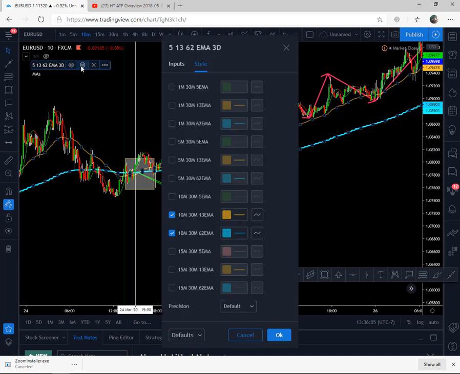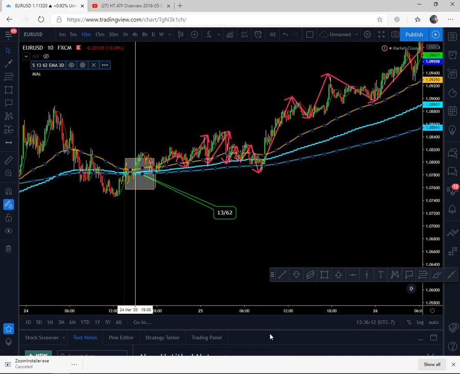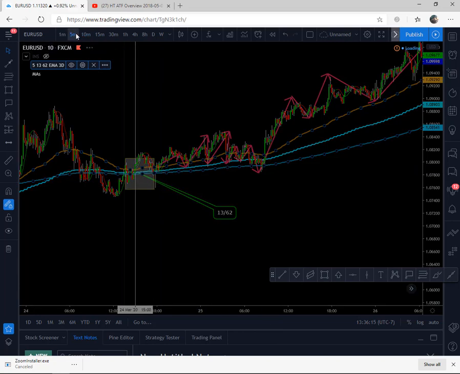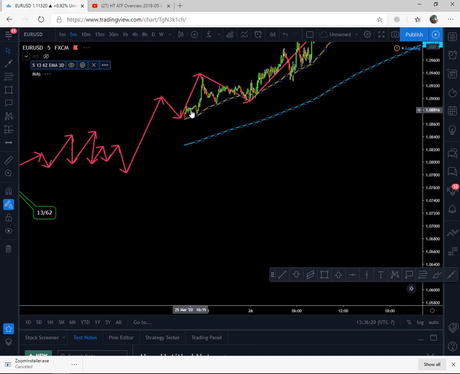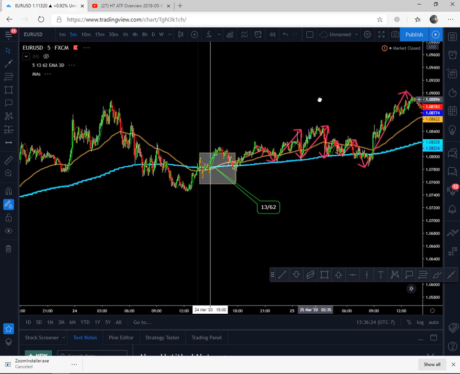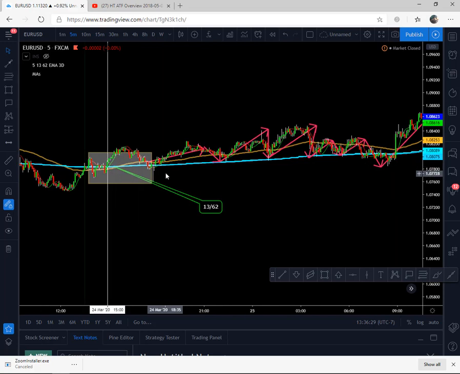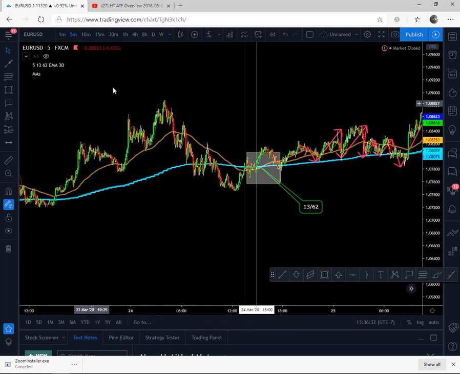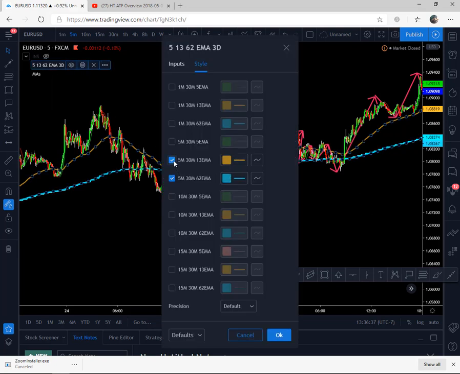We could even go into the 5 minutes and get a better view of that 1362 cross. And it's right here. And we could do the same thing for the 1 minute.